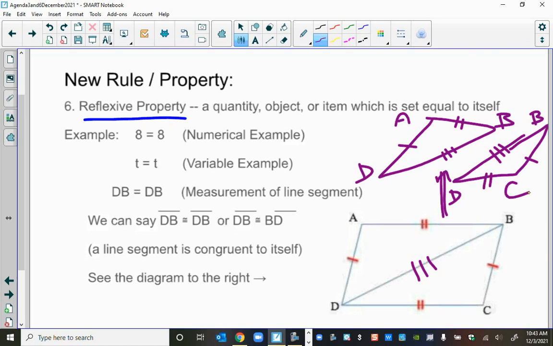So when you break up your bigger triangle into two smaller ones, or you break up your parallelogram into two triangles, the reflexive is basically the side that shares itself. You see it in both.